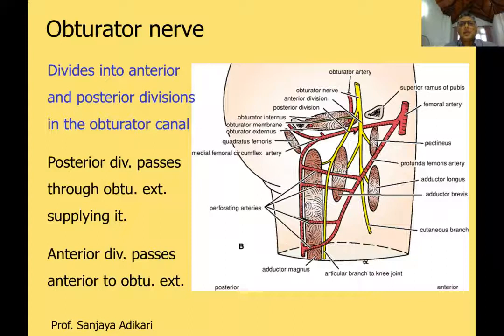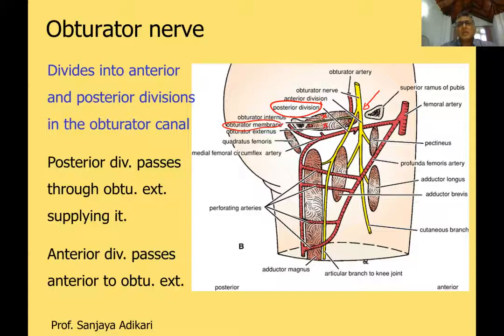So this is the point that I mentioned in the obturator canal. As you can see here, in the obturator canal, the obturator nerve divides into its anterior and posterior divisions. The posterior division, this one, passes through, this is obturator internus, which is on the inner aspect of the pelvic wall, and this is the obturator membrane, of course, and this is obturator externus muscle.